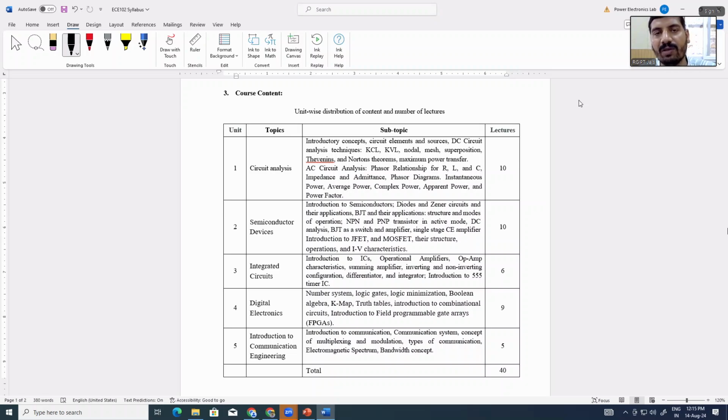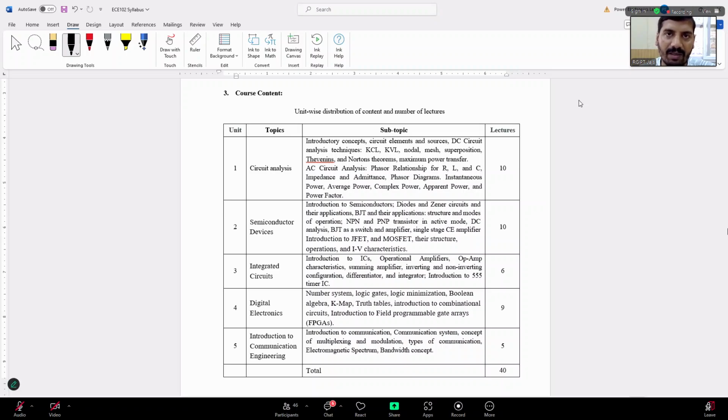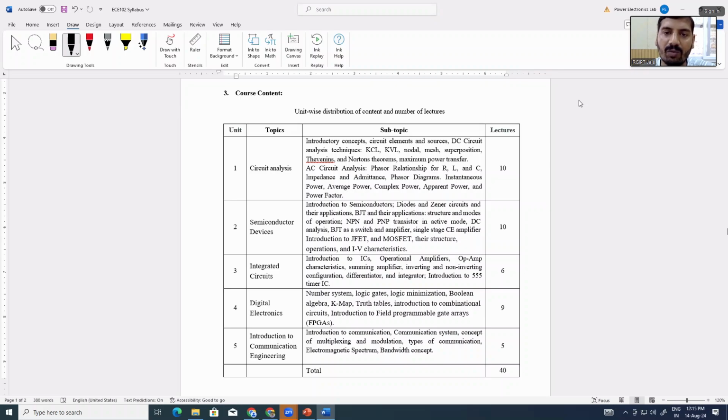There are two types of Kirchhoff's law: Kirchhoff's current law and Kirchhoff's voltage law, KCL and KVL in short. You already studied them in 11th and 12th. We will recap here, and then go for nodal and mesh analysis. These are the techniques to solve any electrical circuit.